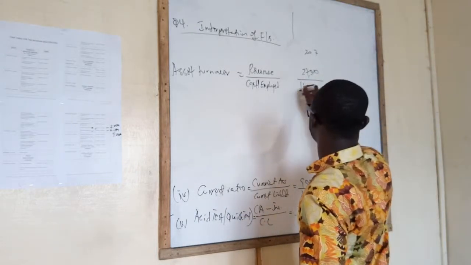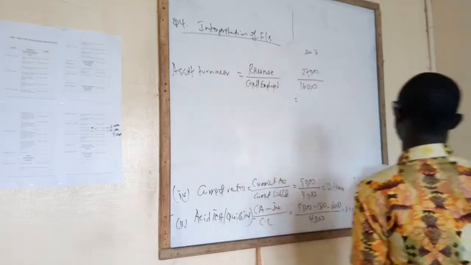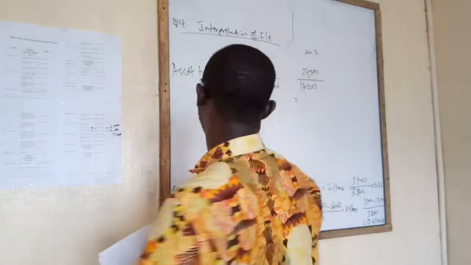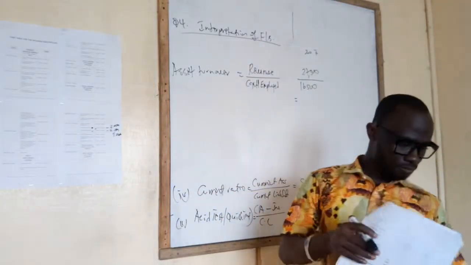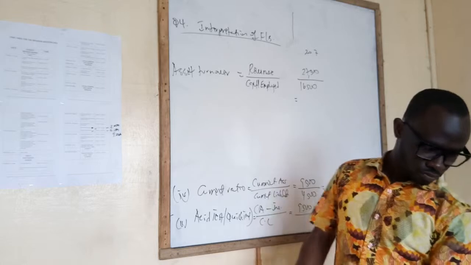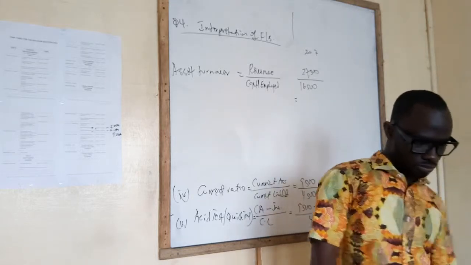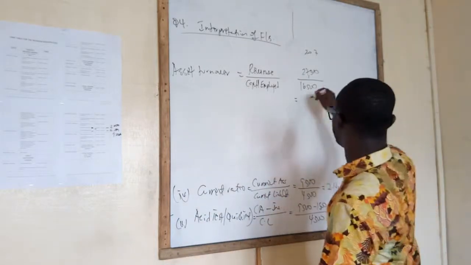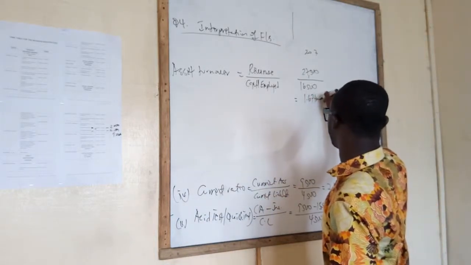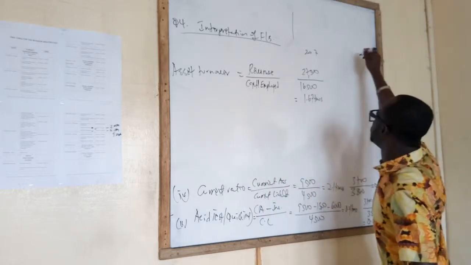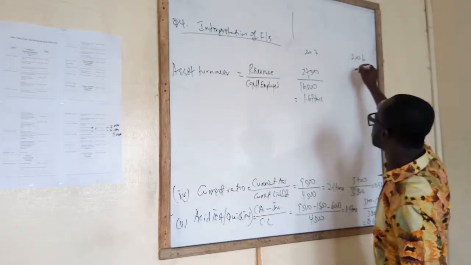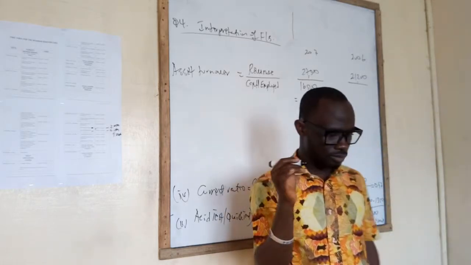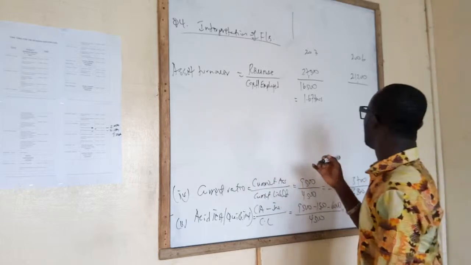What do we have? 1.6. For 2006, revenue is 21,200.